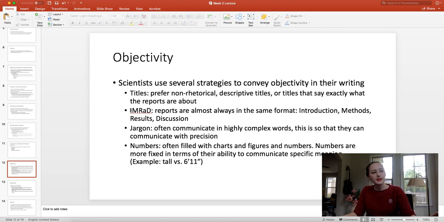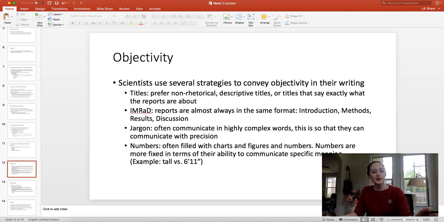Most reports in the natural sciences are structured in the same way, so the same format, and that is called IMRAD format. Anytime, and you'll see this in the social sciences too, especially if it is related to something quantifiable, like an experiment. So the parts of a natural sciences report tend to be as follows: an introduction, methods, results, and discussion.